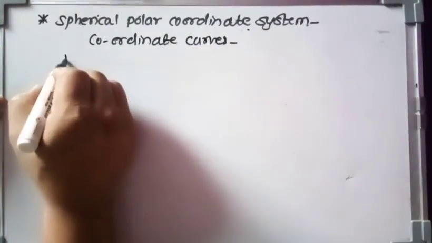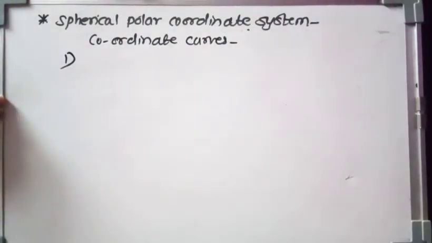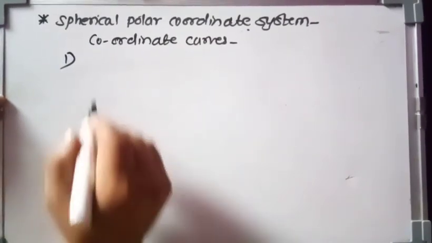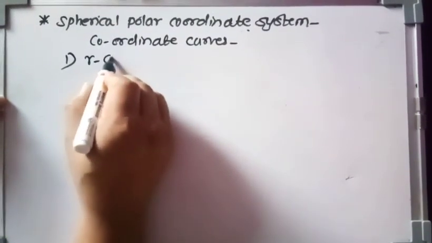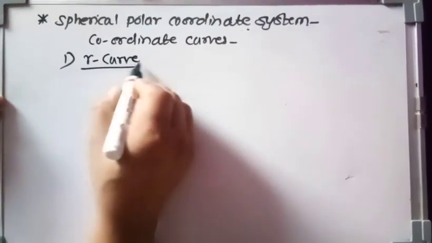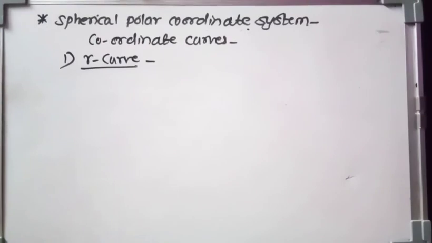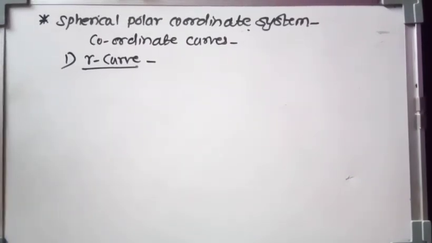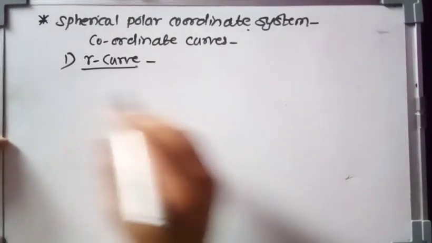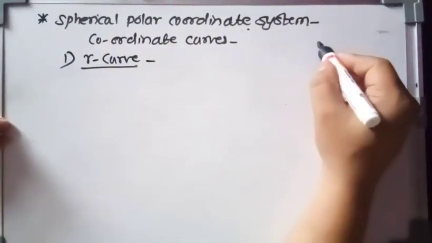There are three coordinate curves in spherical polar coordinate system. Let us see first R curve. We know a curve in a curvilinear coordinate system is one for which one variable is variable and another two variables are constant. Now how can we draw the diagram of R curve?